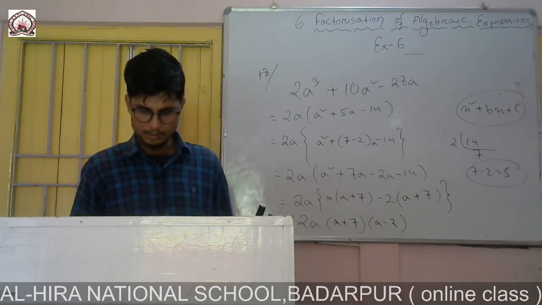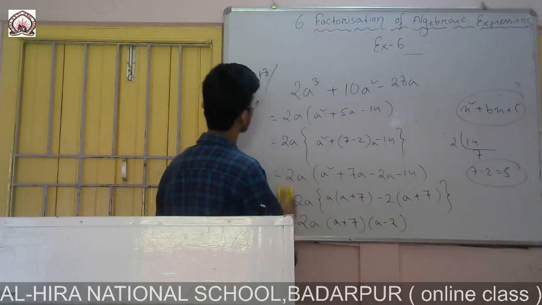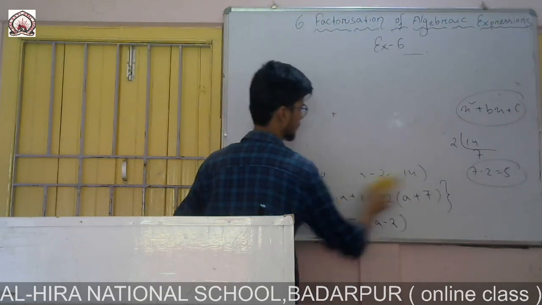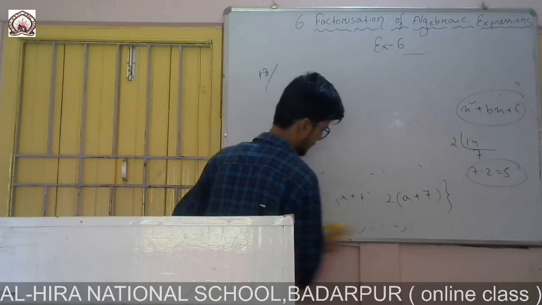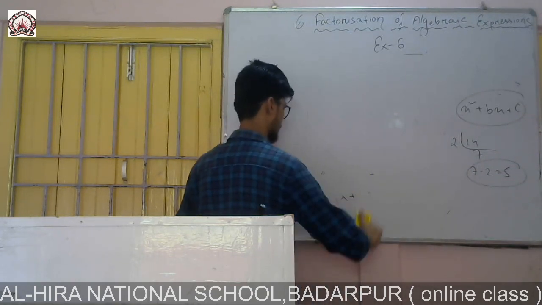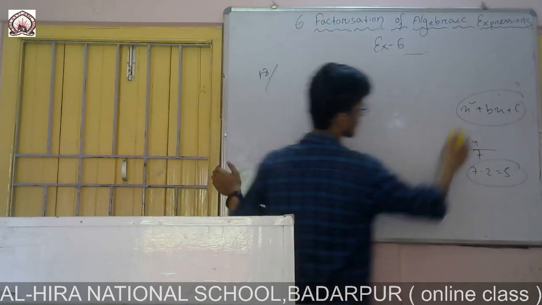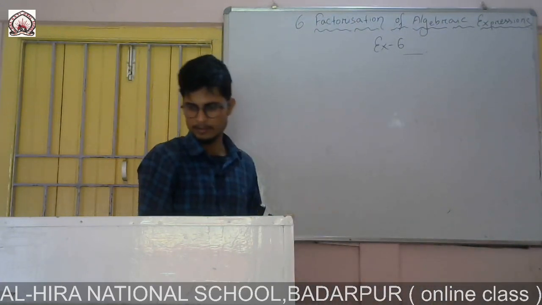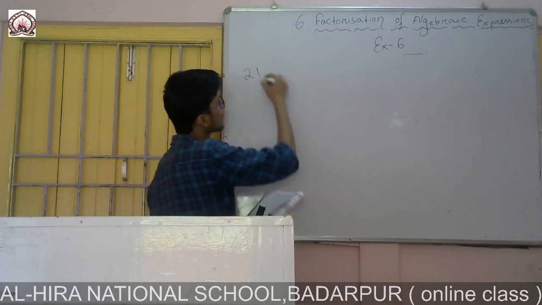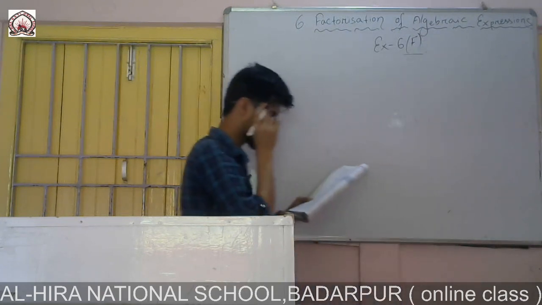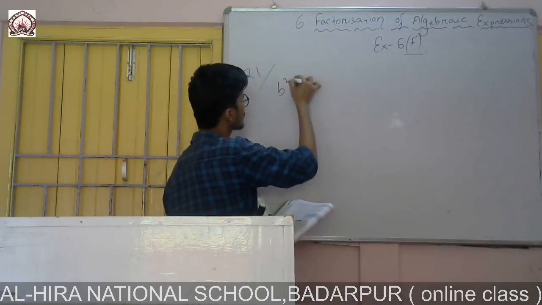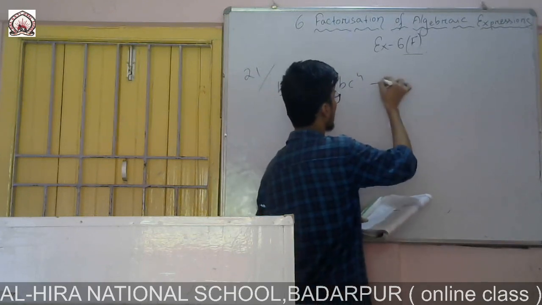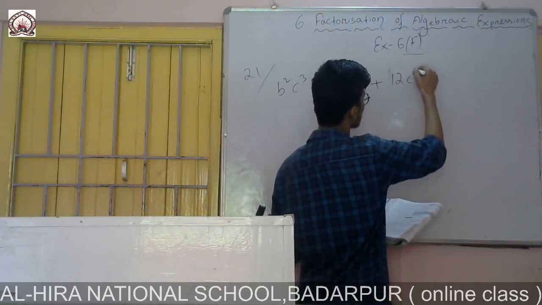Okay, now see question number 21, exercise 6F. The question is b square c cube plus 8bc to the power 4 plus 12c to the power 5.